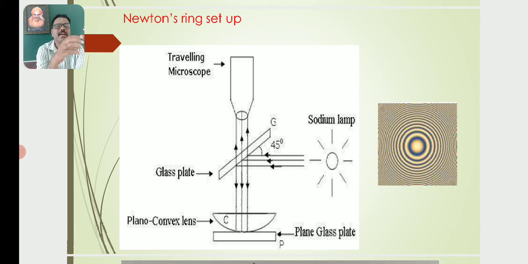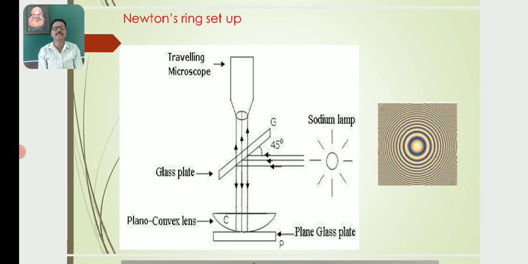The light from a monochromatic source, say a sodium lamp, is made to be incident on an inclined glass plate, which is inclined at an angle of 45 degrees. The parallel beam of light from the source is incident on the inclined glass plate and gets reflected. The reflected parallel beam is made to be incident vertically on the system, on the plano-convex lens.